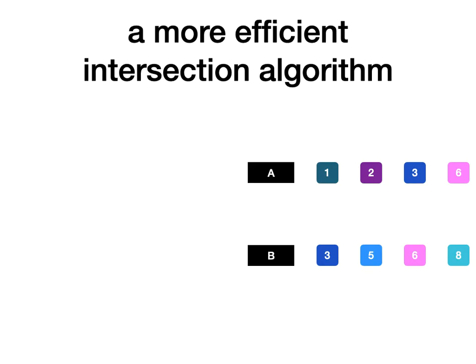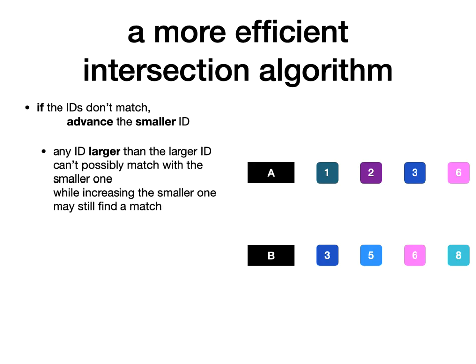So, if the IDs don't match, we advance the smaller ID. Now, why? Because any ID that's larger than the larger of these two IDs. So for A, for the very first one, 1 is the smaller ID, 3 is the larger ID.